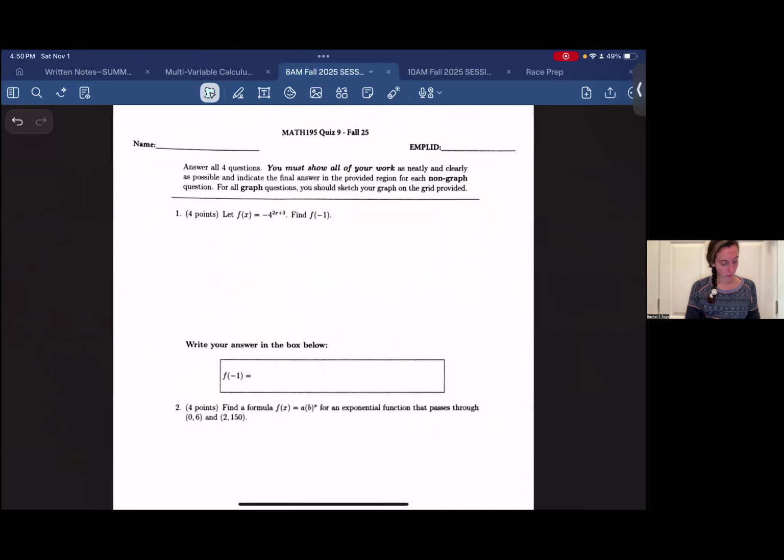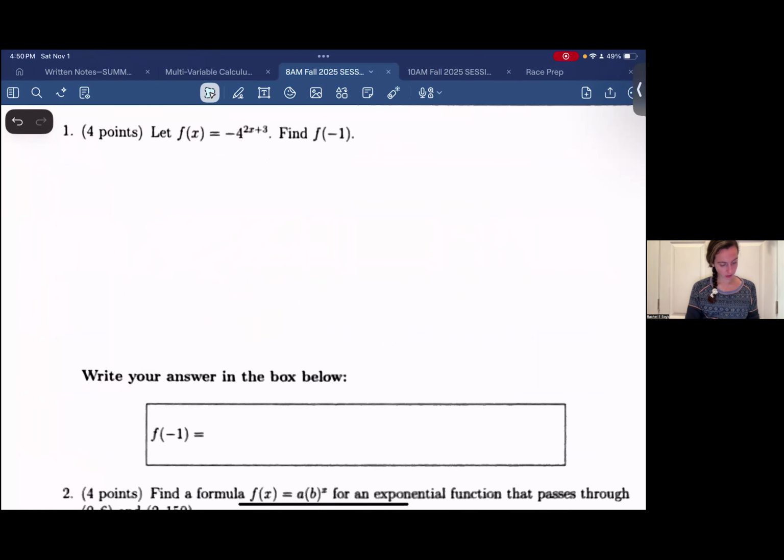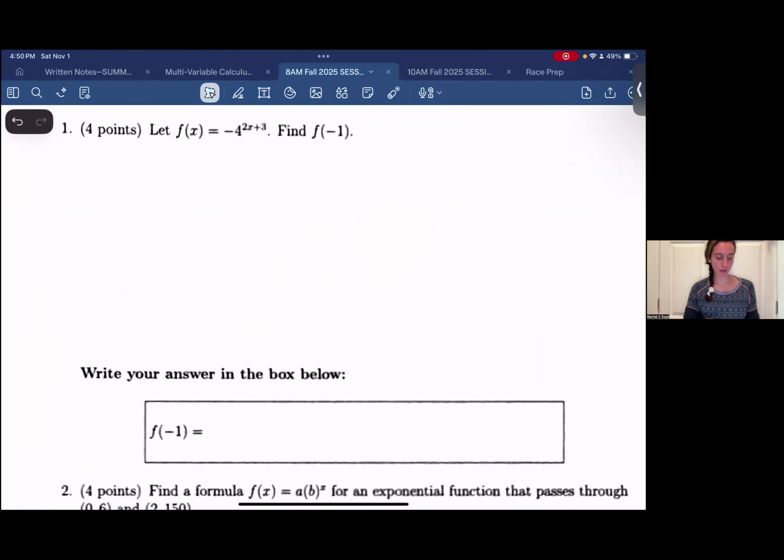So we have question 1, and question 1 asks us, let f of x be equal to negative 4 raised to the 2x plus 3 power, and we want to find what f of negative 1 is. So this is an evaluation problem, evaluating a numerical value of a function.